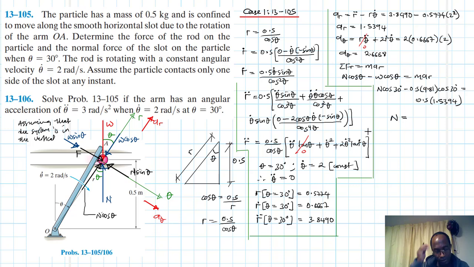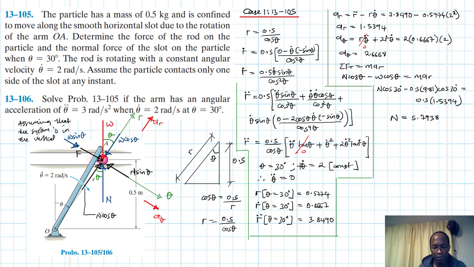Therefore, our N is just equal to 0.5 by 1.5394 plus 0.5 by 9.81 cos 30 divided by cos 30. And this gives us a 5.7938.